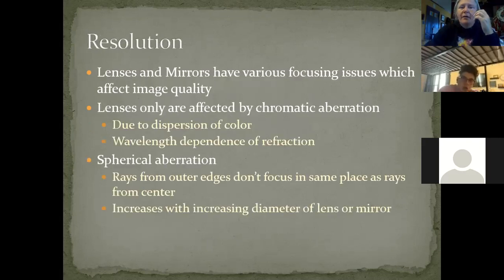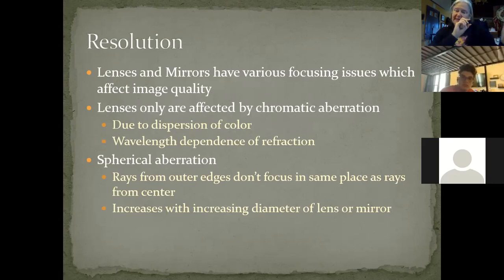Now, when you talk about telescopes, one of the issues, and you can even see this in microscopes too, you have some issues like chromatic aberration. If you use a lens objective, no matter what it is, a microscope or a telescope or even a camera can do this. We talked about how the index of refraction could be wavelength dependent.